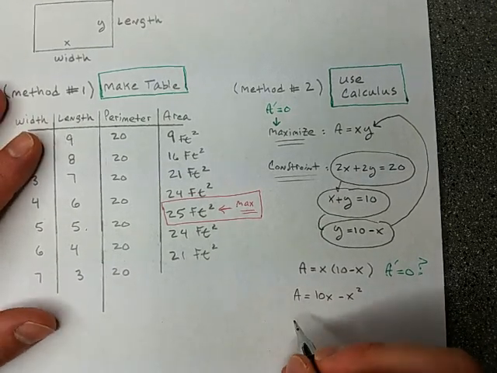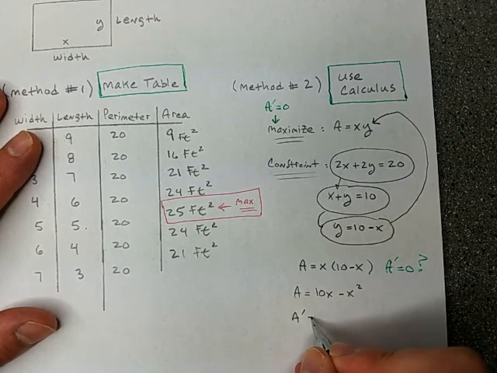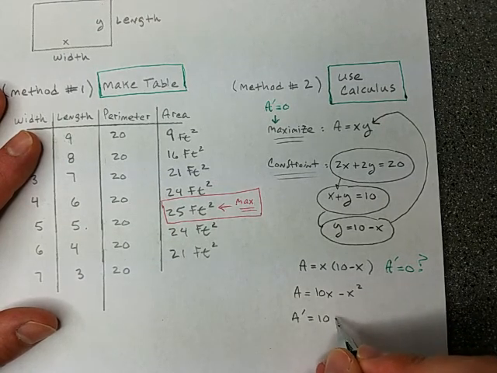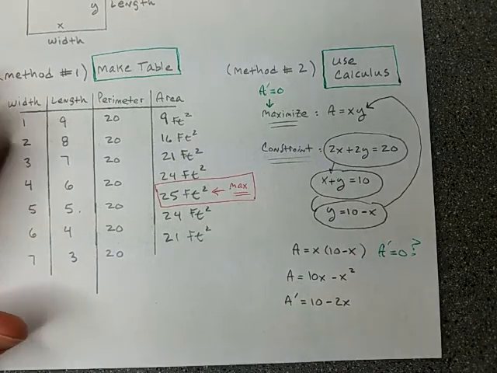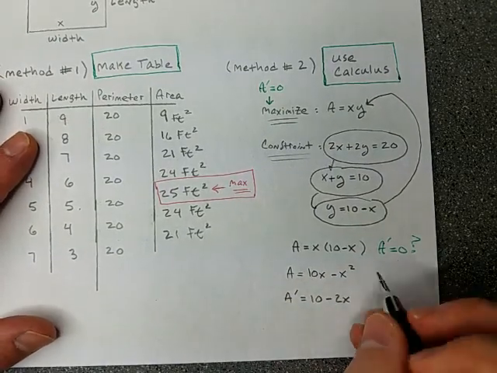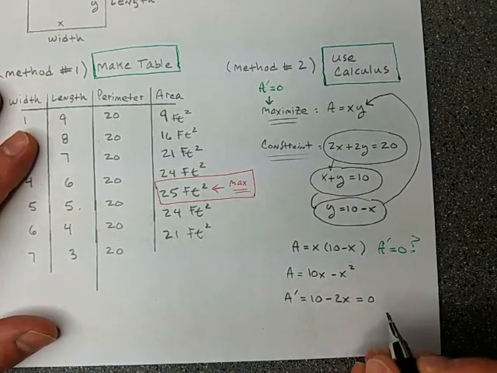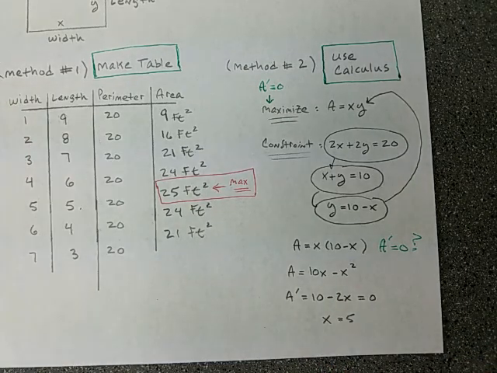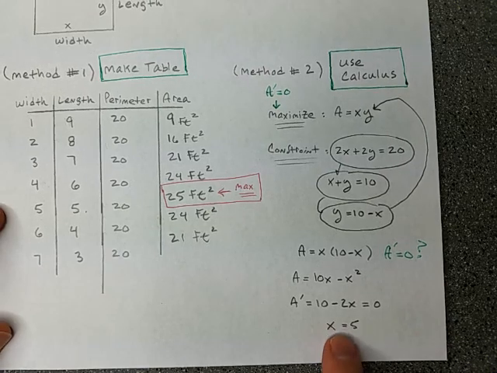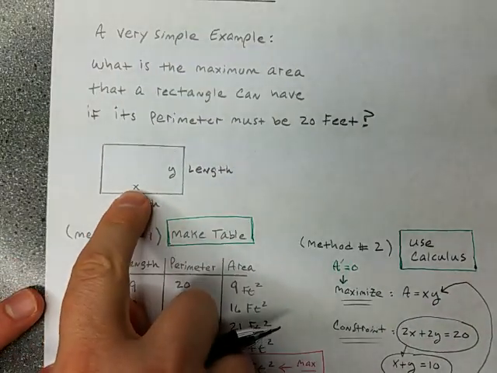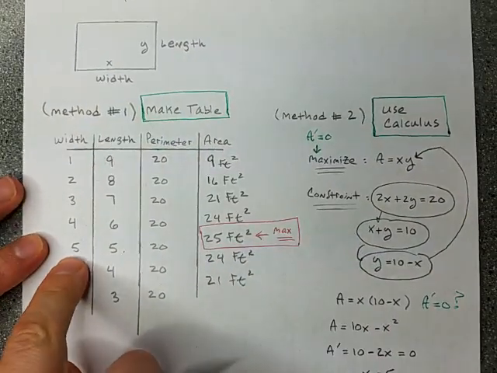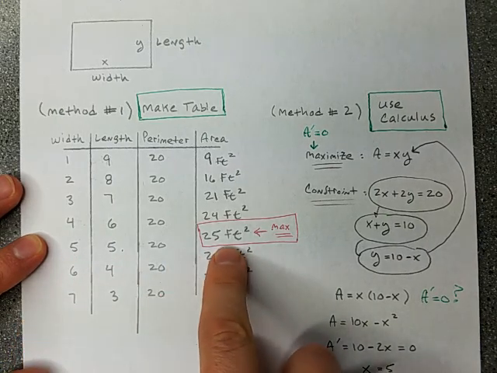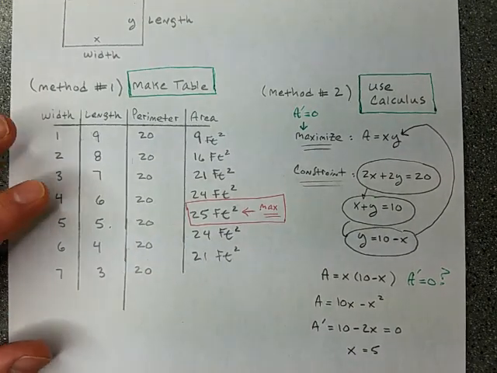And then it's not hard at all to find the derivative of that. That's going to be 10 minus 2x. I'm going to set that equal to 0, and I'll get that x is equal to 5. So 5, what does that mean? It means that the width, x, should be 5 in order to get the greatest possible area.